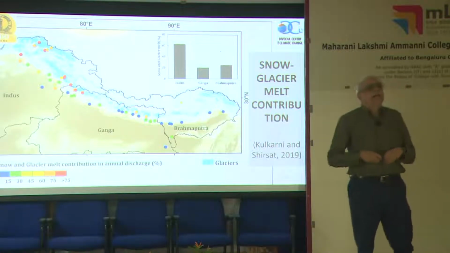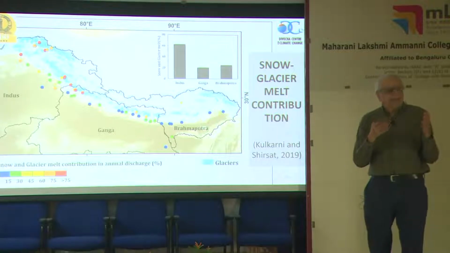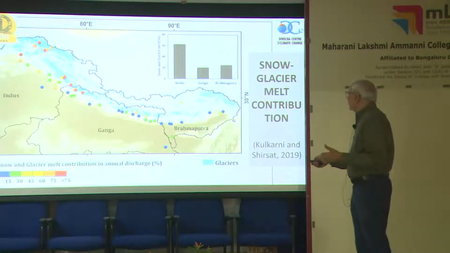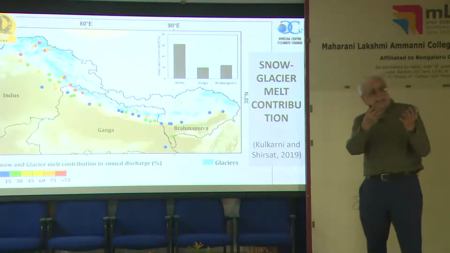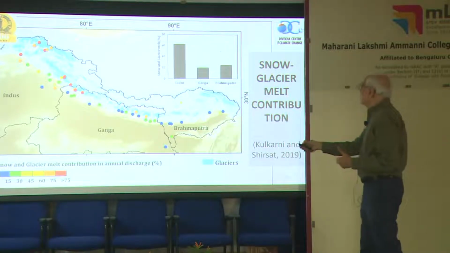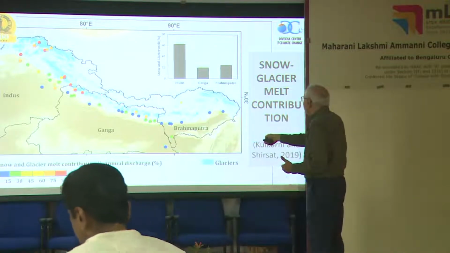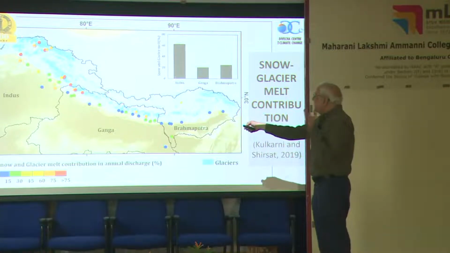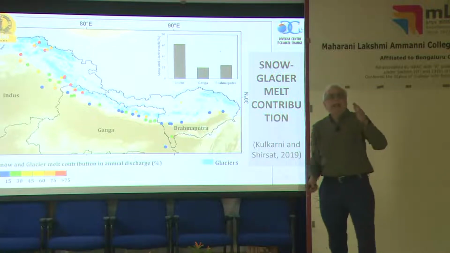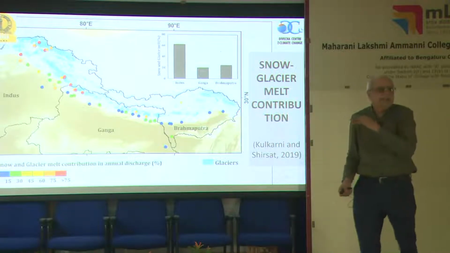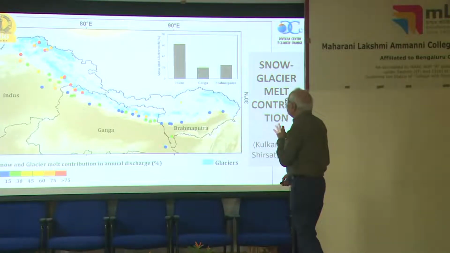And the reasons are obvious, because the monsoonal precipitation is relatively less in the Indus basin as compared to the Ganga and Brahmaputra basins, and western disturbance or winter-time snowfall is much higher in the Indus basin, because these clouds move from the Indus basin to the Ganga basin and Brahmaputra. So as western disturbances move from Indus to Ganga and Brahmaputra, the amount of precipitation keeps on reducing, so their contribution is relatively less. That has to be understood.